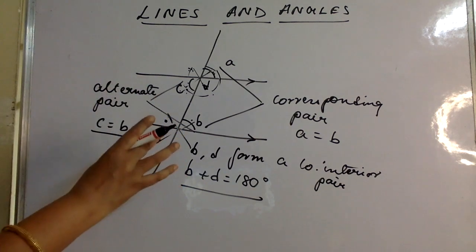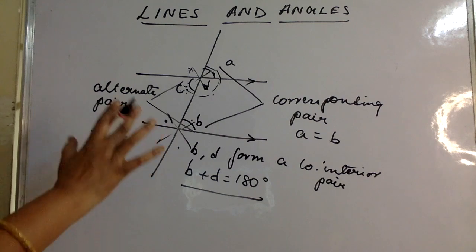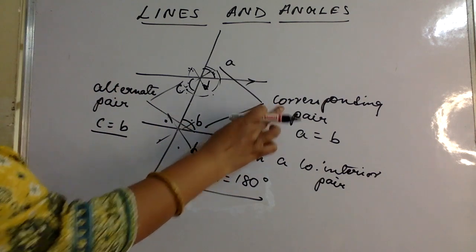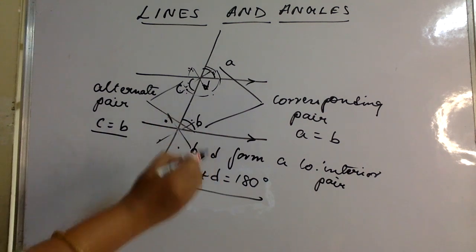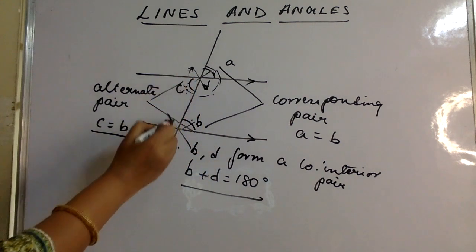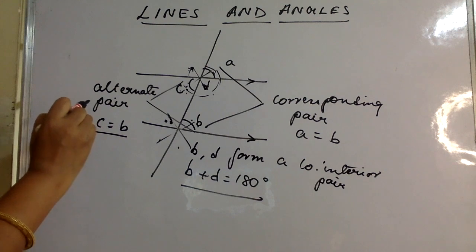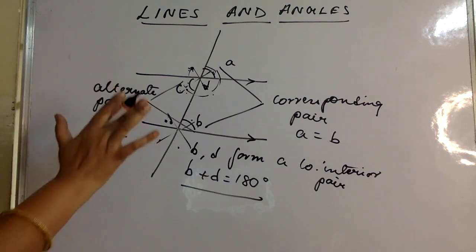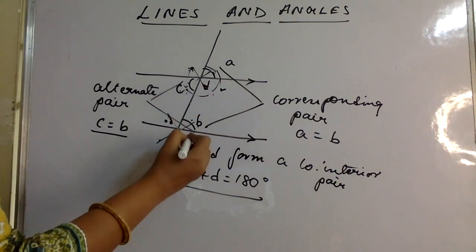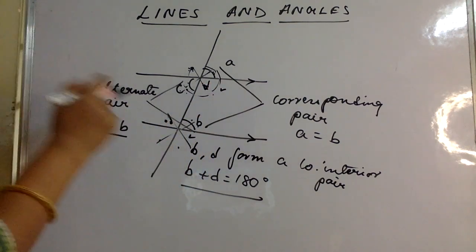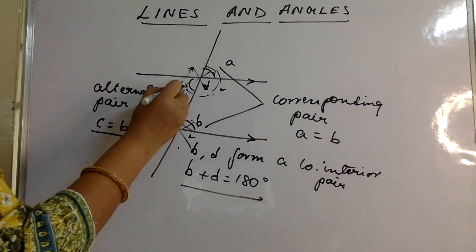So there's a total of almost 5 things. One is the corresponding pair. This is corresponding to this. Similarly, this angle is also corresponding to this. We have a total of 4 sets of corresponding pairs here. This is corresponding to this, and this one is also corresponding to this.